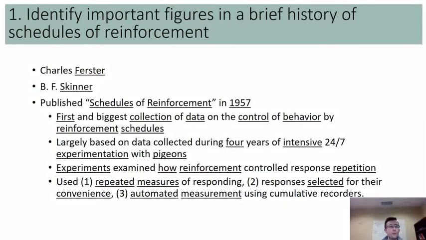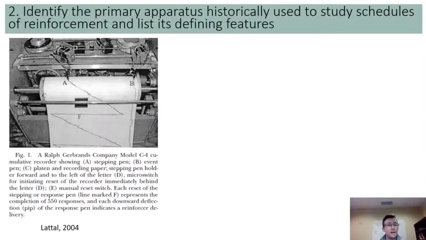So, objective number 2 is to identify the primary apparatus historically used to study schedules of reinforcement and then list its defining features. So the primary apparatus is the cumulative recorder, and that's what's depicted in this picture here, borrowed from Lattal, 2004.